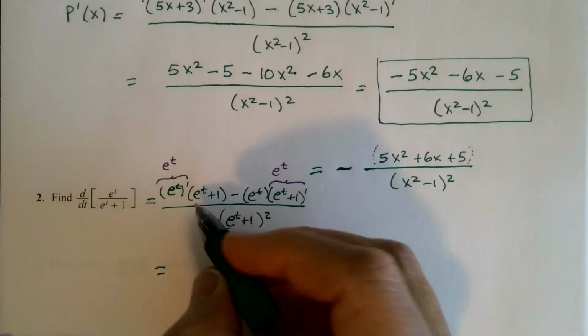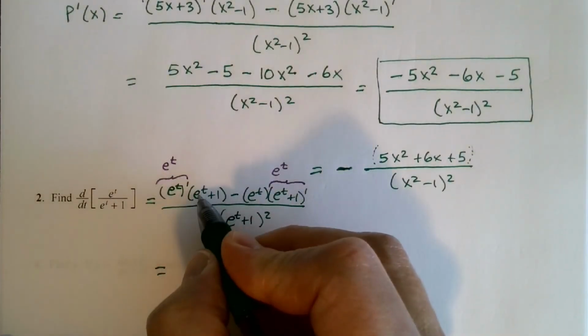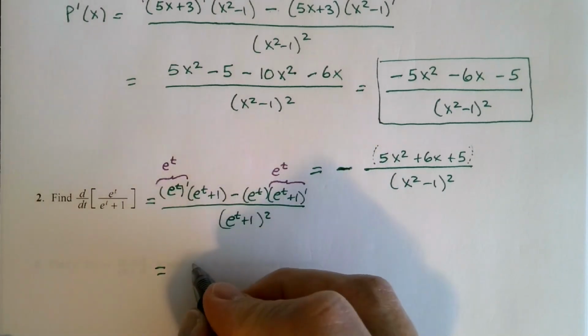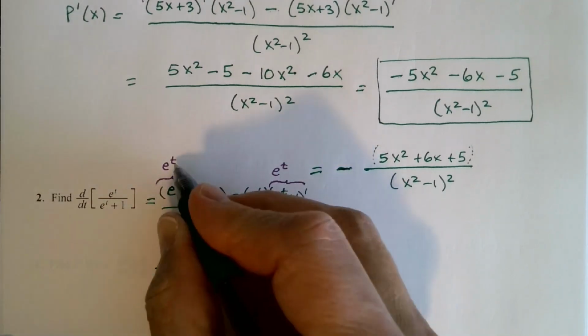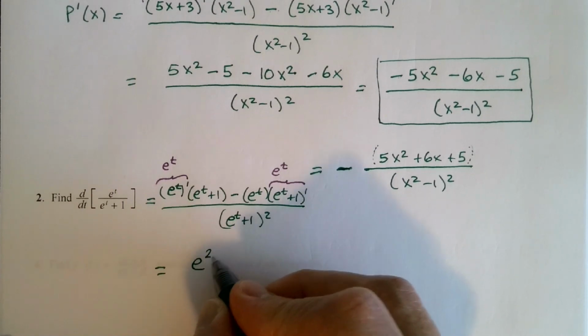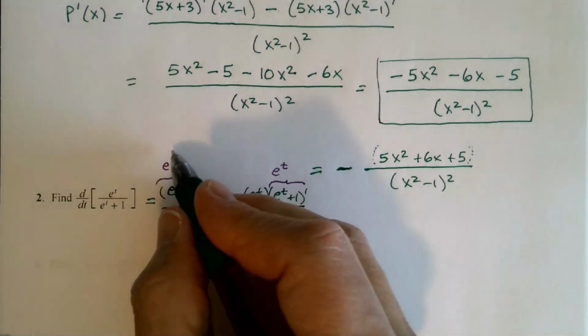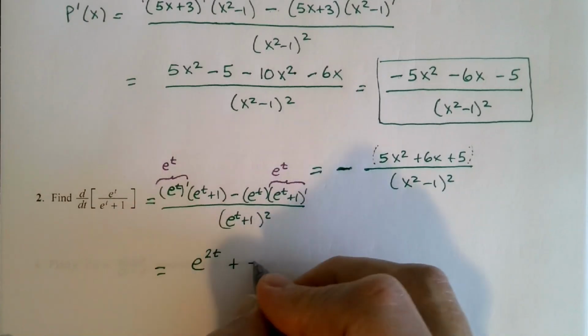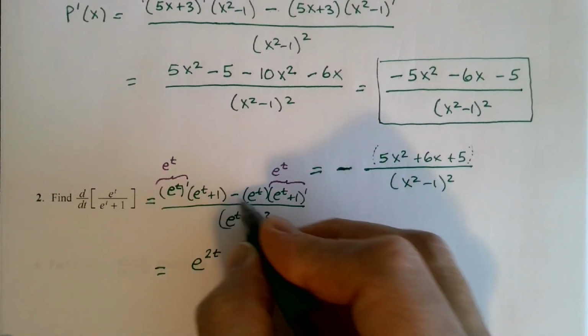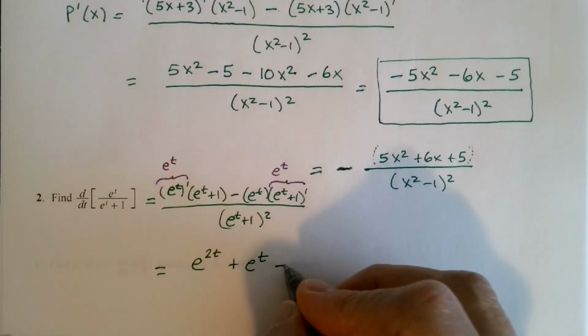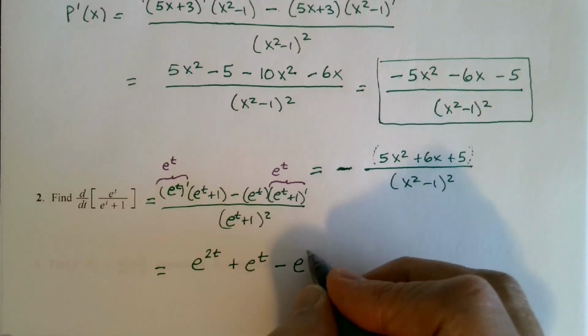Now, let's distribute. E to the t times e to the t is e to the what? Add t plus t, 2t. Not t squared, 2t. E to the t times 1, e to the t. And then minus e to the t times e to the t is minus e to the what? 2t again.